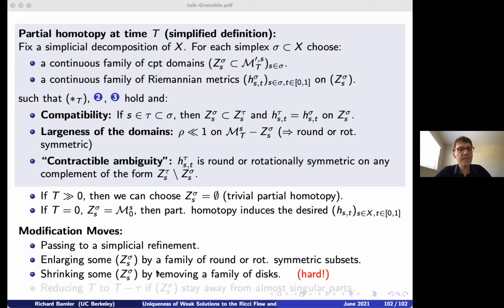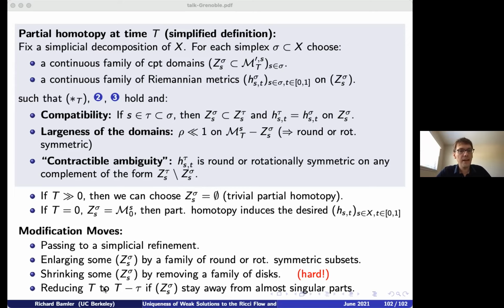And this is actually the hardest step. We need to remove a disk over maybe some simplex, while keeping the disk in over the other simplex, and maintaining this property is non-trivial, but it's possible. And then lastly, we should be able to move the entire partial homotopy backwards by one time step.